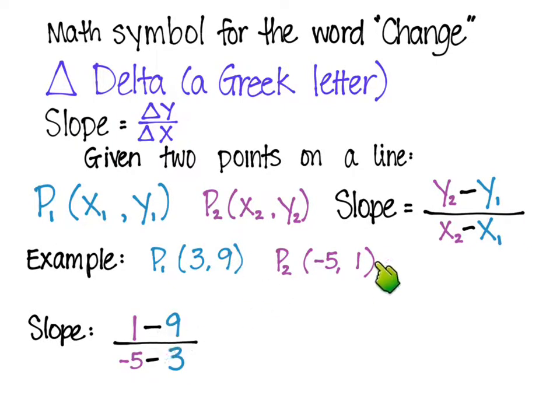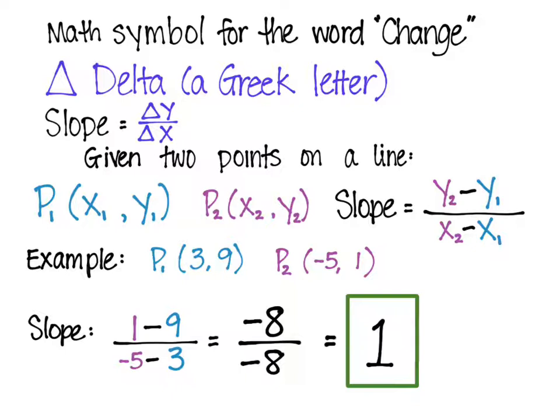I read that wrong. My 1, my y sub 2, minus my y sub 1. So 1 minus 9. And then I'm going to have negative 5 minus 3. Calculating that out, I get negative 8 over negative 8, which is just 1. So if I had these 2 points and I want to know the slope, it's 1.